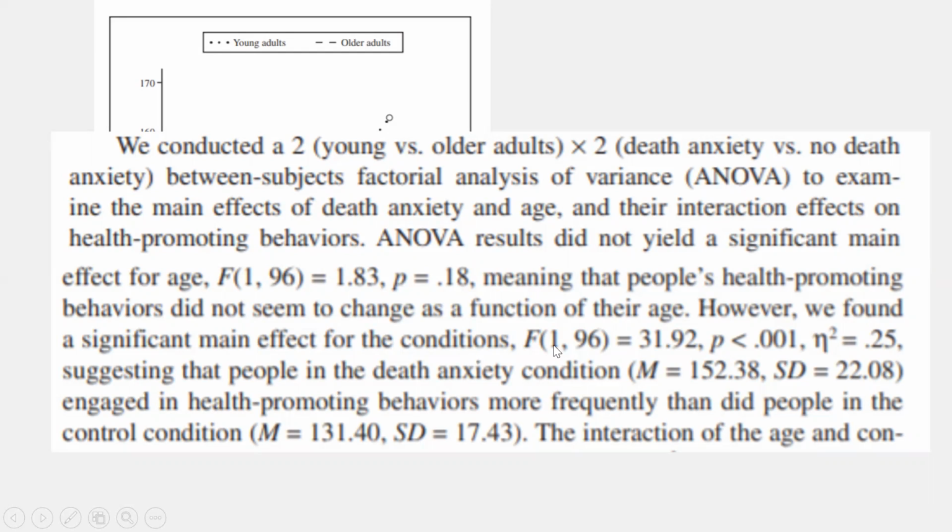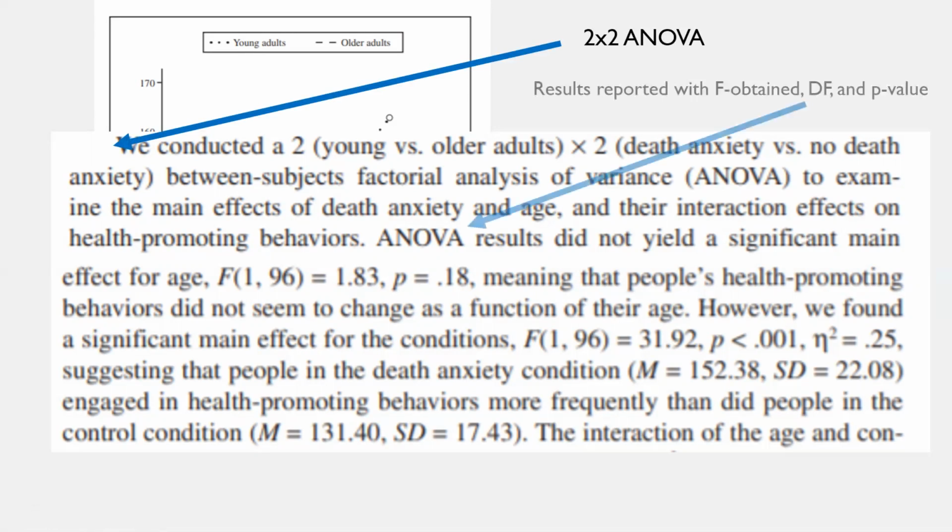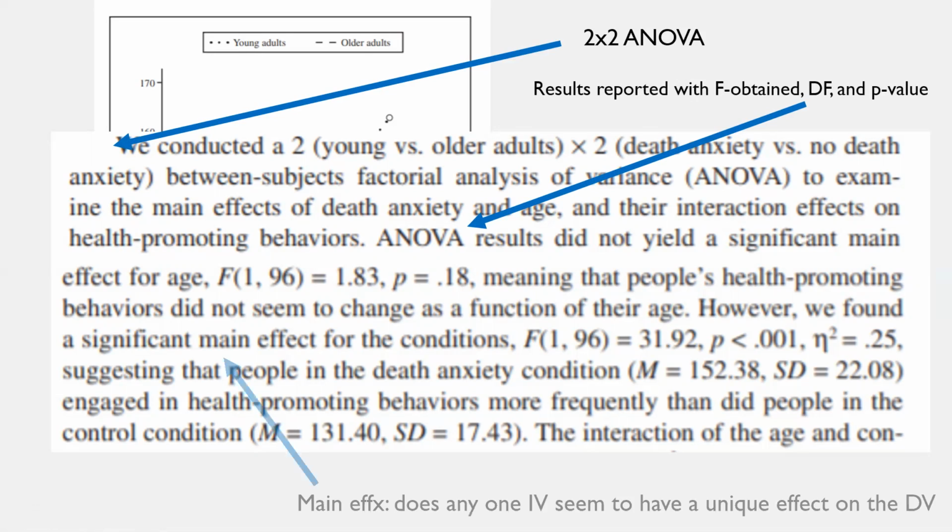And there's going to be a factorial ANOVA for the interaction between your two IVs and whether or not, in this case, age and death anxiety interact and uniquely affect health promoting behaviors when you take both IVs into account. So they indicate their notation, your 2x2 ANOVA. They report their results using their F statistics, degrees of freedom, and P values, and any main effects are reported on as well.